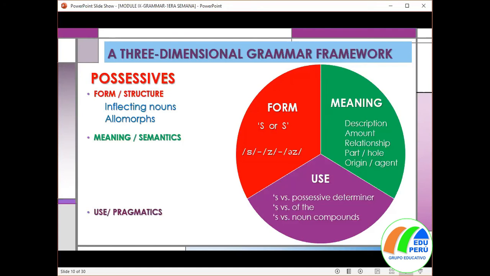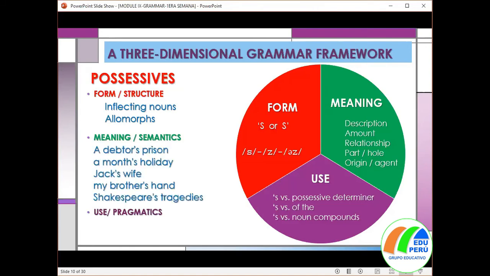The morpheme is the apostrophe s, what you have in mind. But when you produce this morpheme, you have three physical variations in speaking and also in spelling. That's why it says the phonemic and graphemic aspect of the structure. This is related to the form and structure.